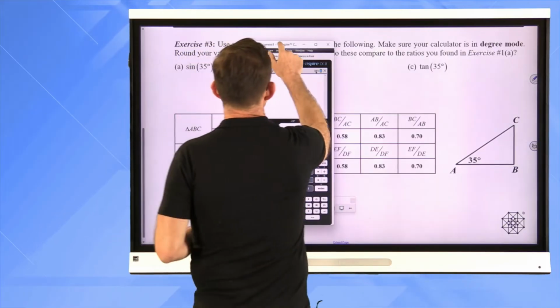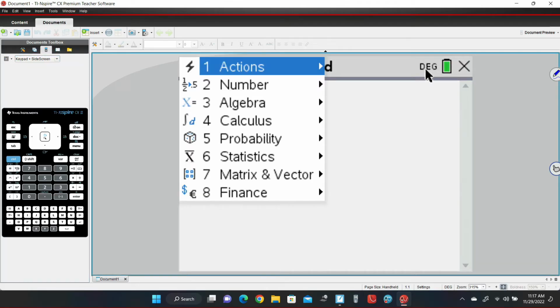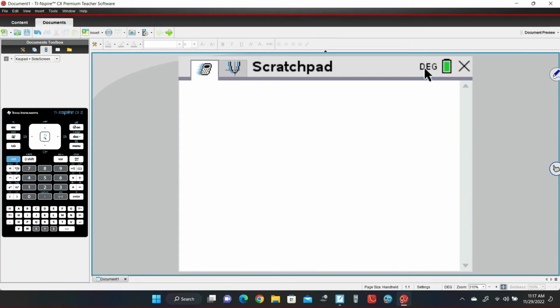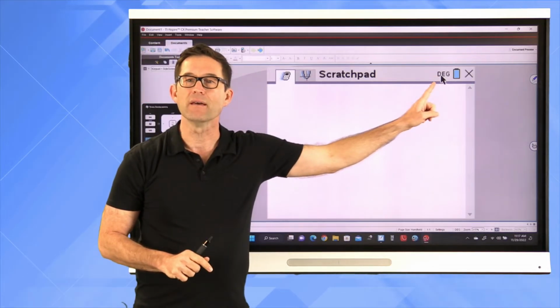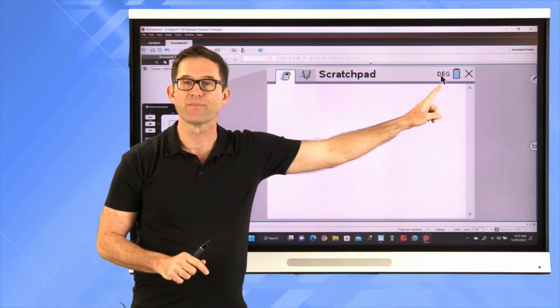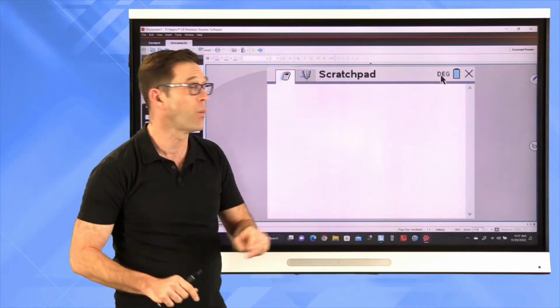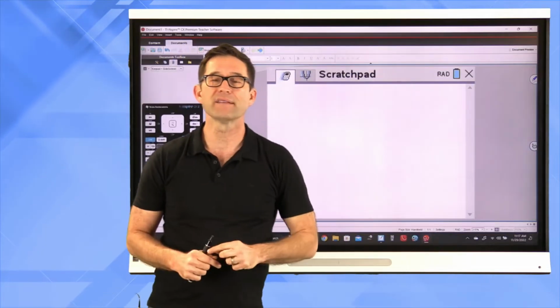Now I'm gonna bust out of my presentation software just for a moment because I wanna be able to make this a little bit bigger. I want you to be able to see this. Now, if I'm in my normal calculator, then what I'll see up in this little right-hand portion is either DEG, that stands for degree, that's what I want, or RAD, that stands for radian.